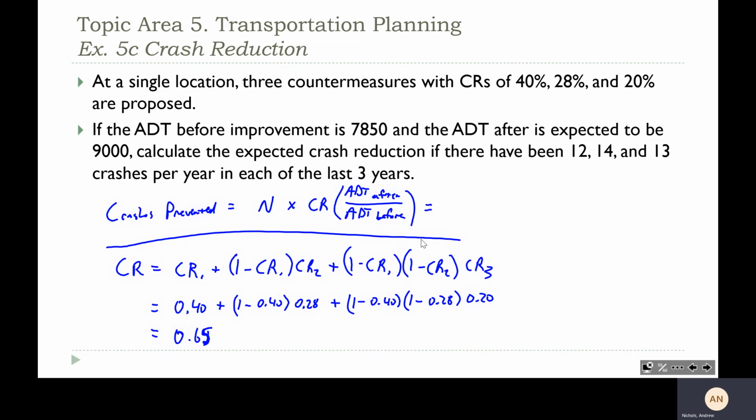Okay, so then for N, we're going to average. Not that I need to write this out to solve the average, but 12 plus 13 plus 14, divided by 3 should give you 13. And then we have our 0.65, and then our ADT after is expected to be 9,000 over the ADT existing is 7,850.